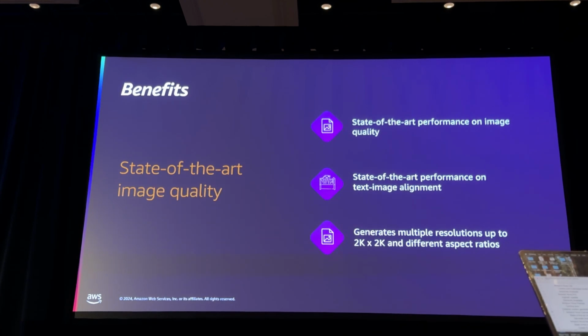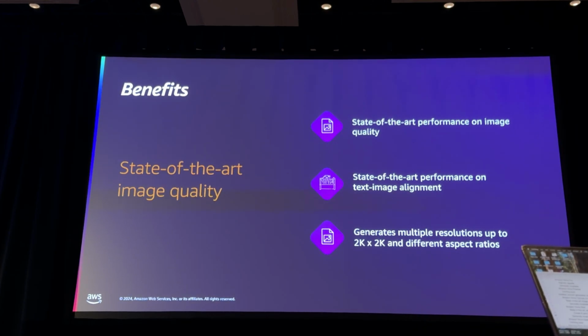So, diving deeper into the first key benefit of state-of-the-art image quality. We evaluate this model on two metrics: image quality and text-to-image prompt adherence. That is, how closely the model can follow the instructions you provide in the text prompt to have all the elements in the generated output.